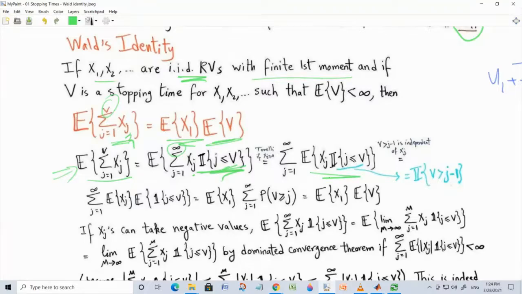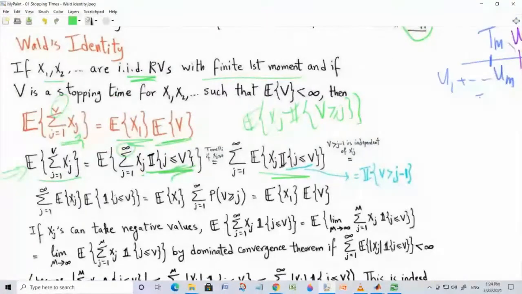So what is the expectation? It is the expectation of X_j times the indicator of V greater than or equal to j. Now V is an integer-valued random variable, so this is exactly equivalent to the expectation of X_j times the indicator of V strictly greater than j minus 1.